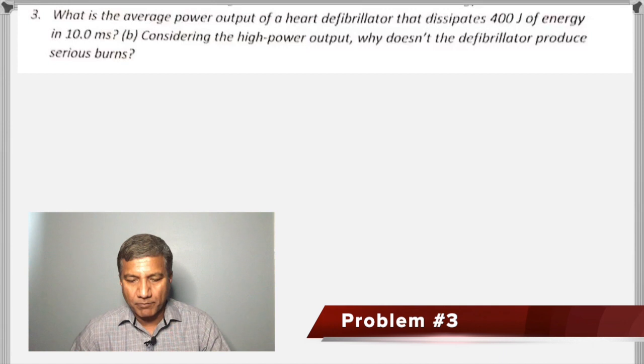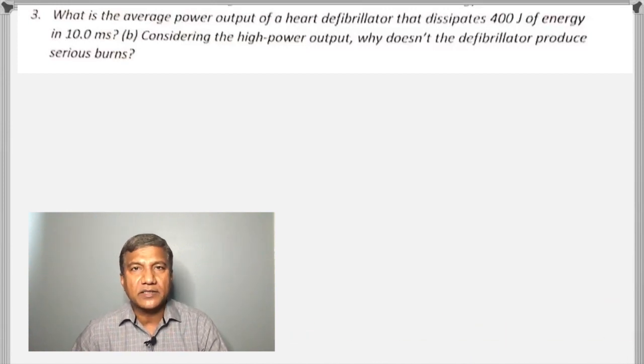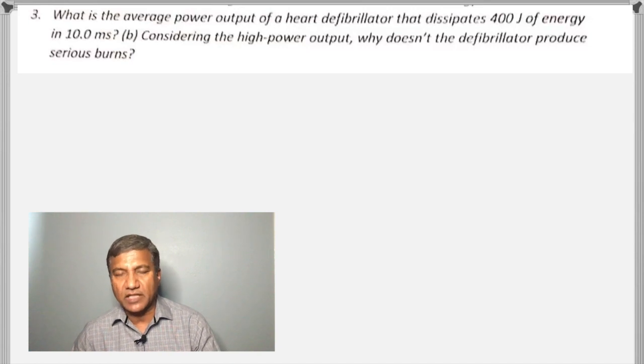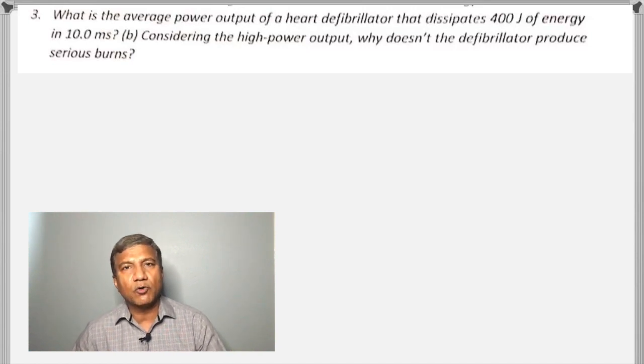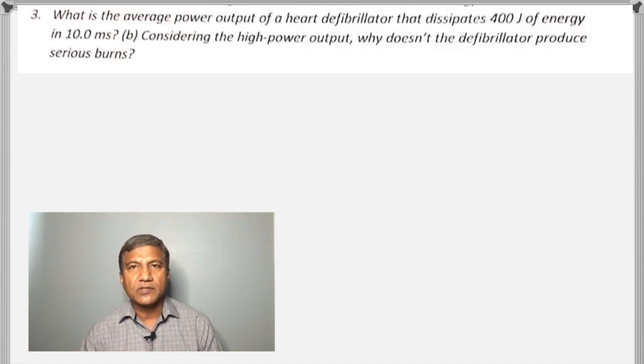Question number 3. What is the average power output of a heart defibrillator that dissipates 400 joules of energy in 10 milliseconds? So we have to find the power. Power is nothing but energy over time. So the energy is given and the time is given. This is such a simple question.